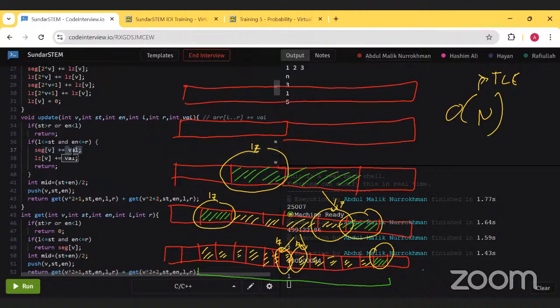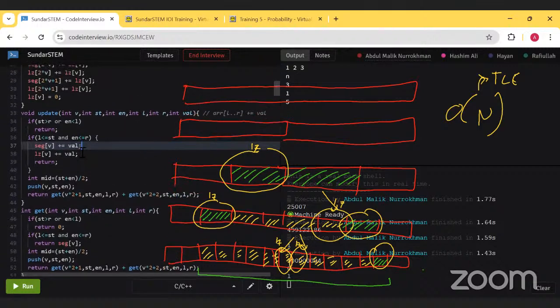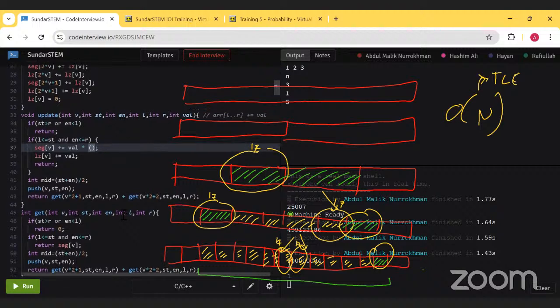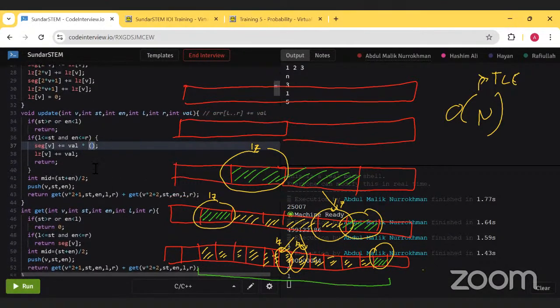Anyone knows? The value of segment will be updated into value multiplied by what?